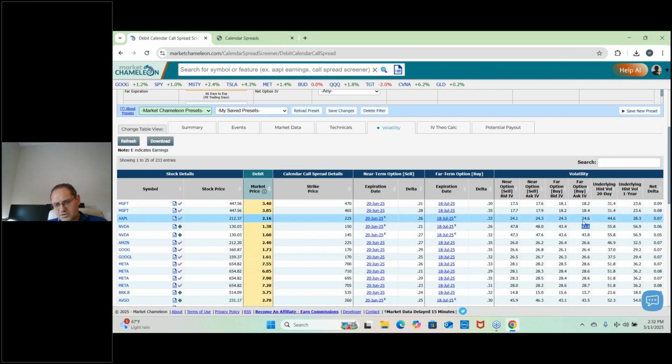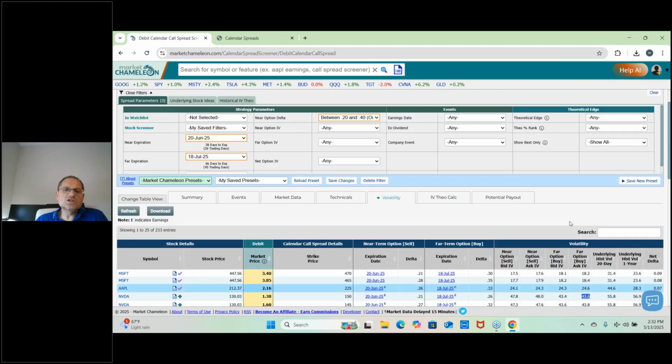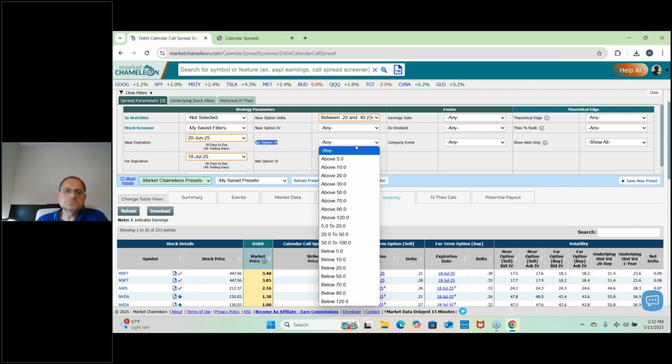So you see how the implied volatilities are different as we move across expirations. And let's say we're looking for a scenario where, I'll just make it up, let's say we're looking for the further out option that is maybe, let's do below 70.